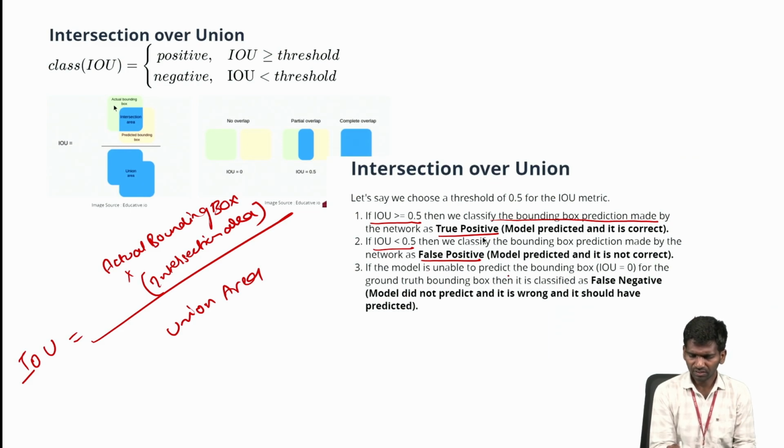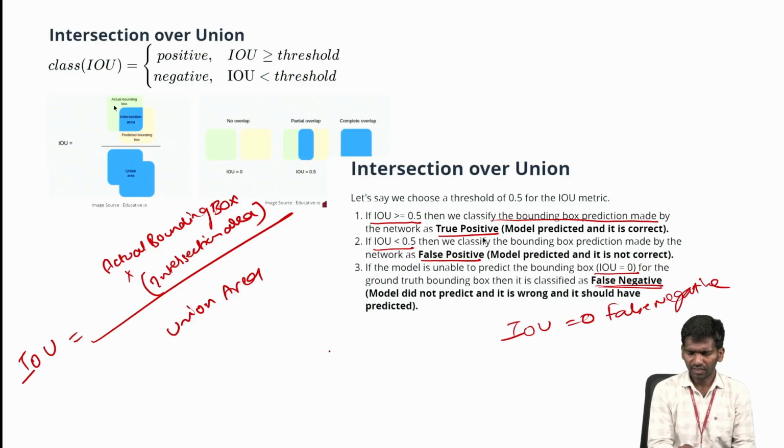If the model is unable to predict, that means IOU is 0, then we call it a false negative. If the model did not predict and it should have predicted, we can draw this conclusion if IOU is 0.